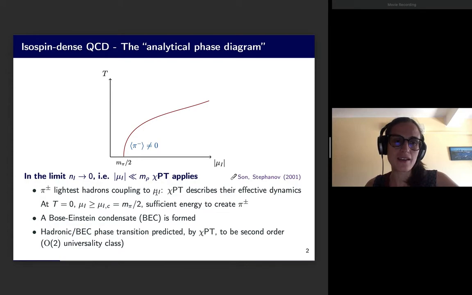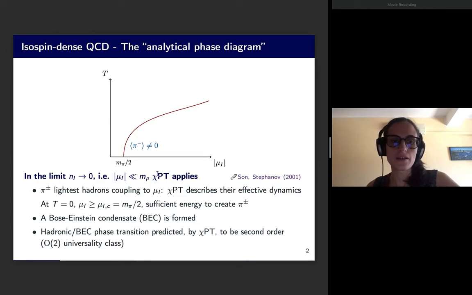What one can figure out by applying chiral perturbation theory in this setup is that at T equals 0, and for mu I being beyond the critical threshold, which in our notation is at half the pion mass, sufficient energy is being pumped into the system such that pions can be created. Now, what is the peculiar feature here?